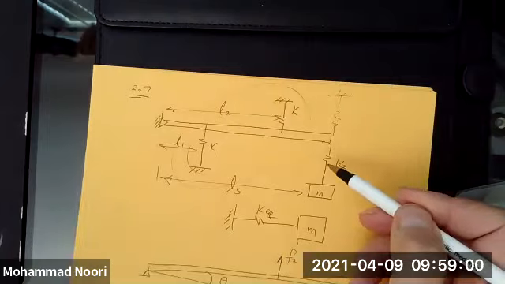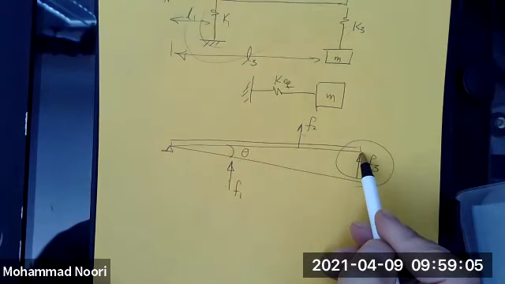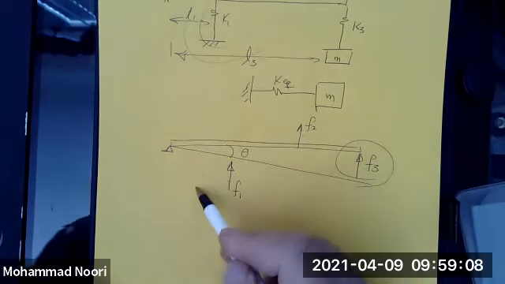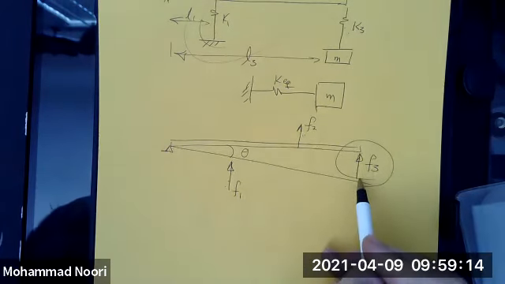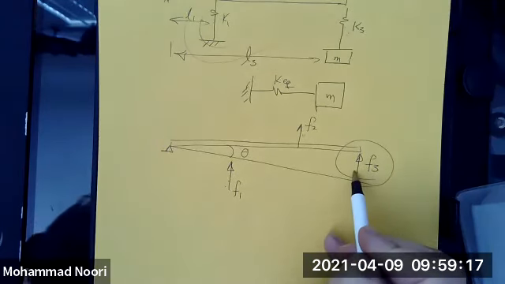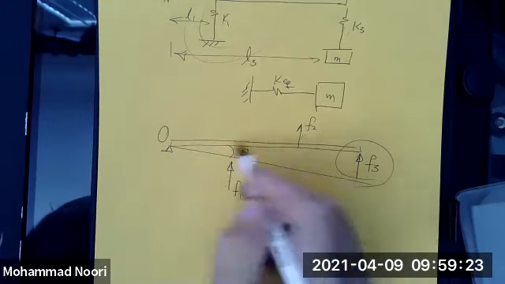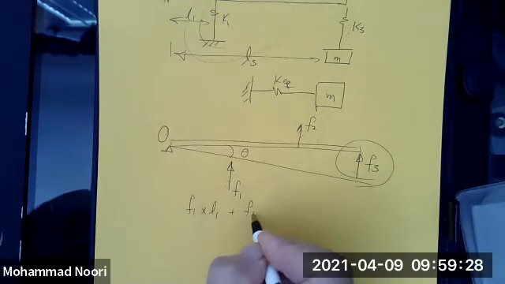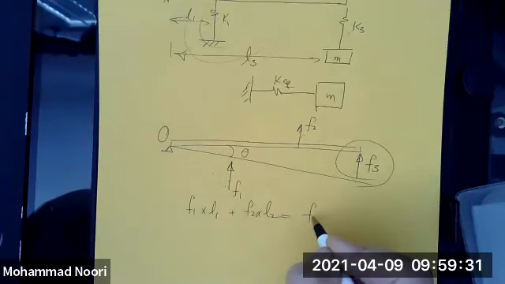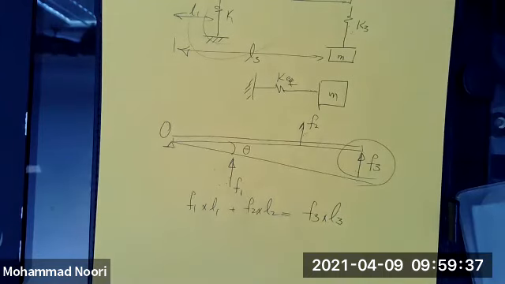How do I do that? If I want to replace these two with a spring attached here, the moment that this force, developed due to this spring, would have about this point O would be the same as the sum of the moments of these two. In other words, F1 times L1 plus F2 times L2 should be the moment of this force about point O. You follow me? Simple concept of equivalent systems.